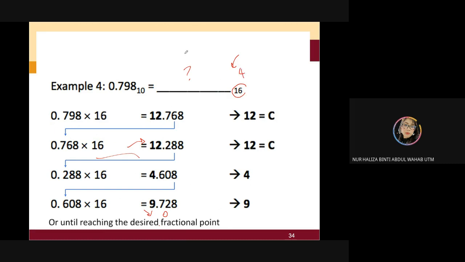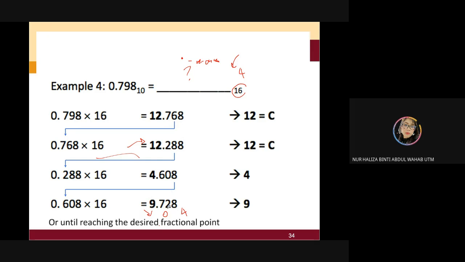So you're going to have 4 numbers after the point over here. If 3 fraction points, then you have only 3. 2 like this and 1 like this. So if 4 fraction points are mentioned, you're going to have 1, 2, 3, 4, 4 times.